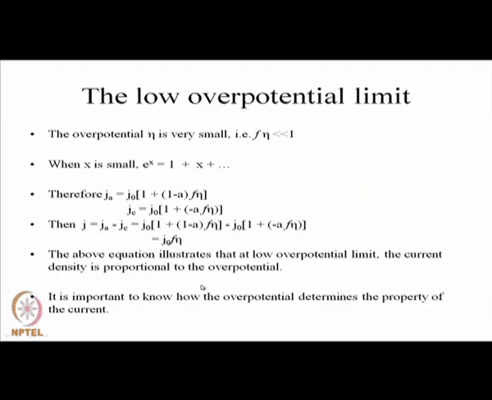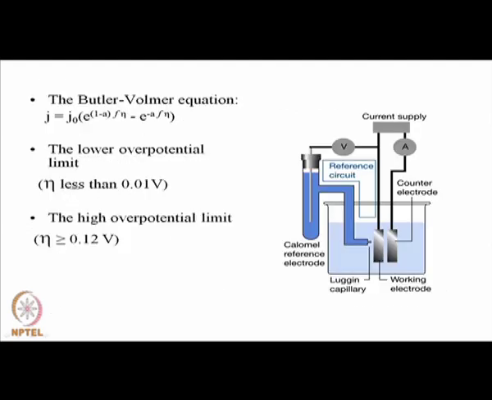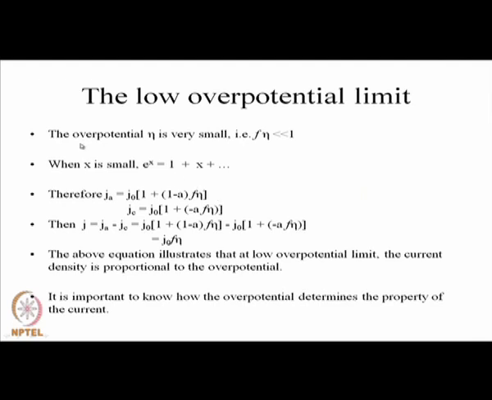Now, let us think of the lower overpotential limit. What is that? Eta is less than 0.01 volt. That is, eta is very small. So F into eta is much less than 1, and you can express e^x as 1 plus x. Therefore, you just put this over here. So Ja will become like this, and Jc will become like this.